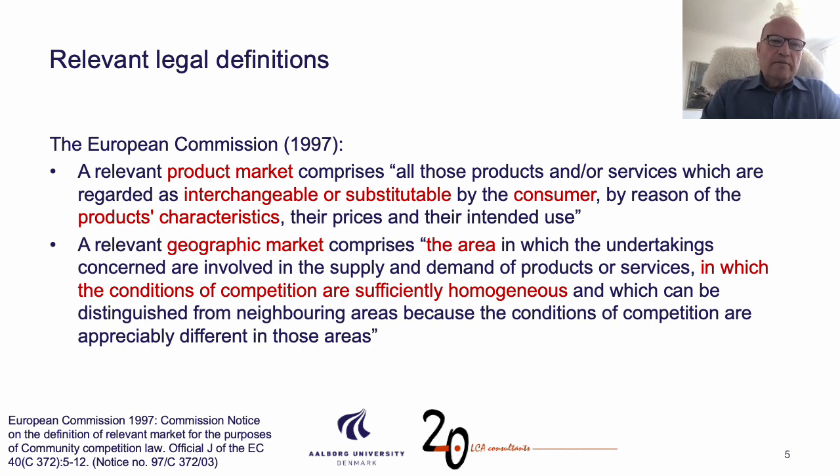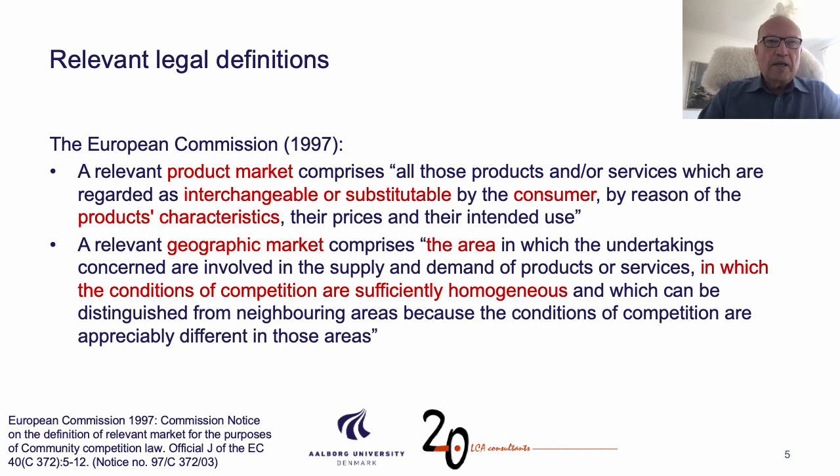So the legal definitions that are relevant in this context are those of the European Commission in 1997 on competition law, where the relevant product market is defined as all those products and services which are regarded as interchangeable or substitutable by the consumer by reasons of the product characteristics, their prices, or their intended use.